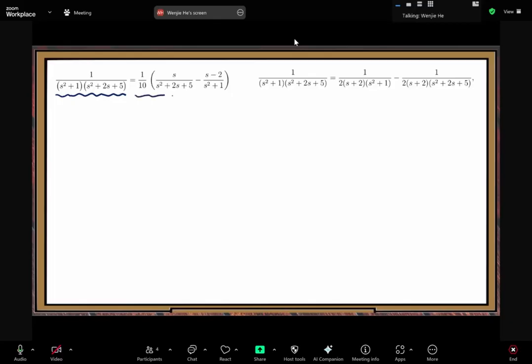This is the result, but I need to show you how to get it. This is the first split. So let me show you this way. We want to see what this is.